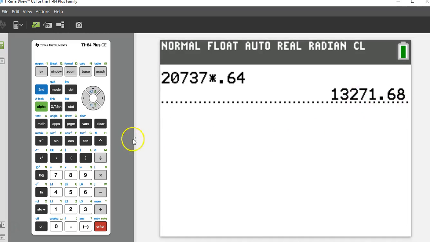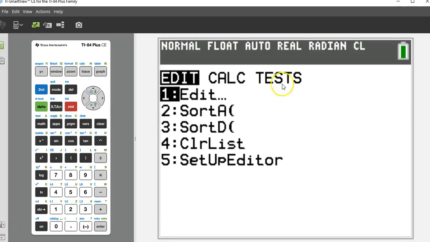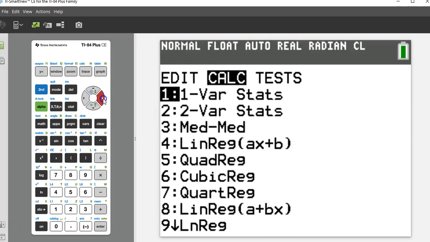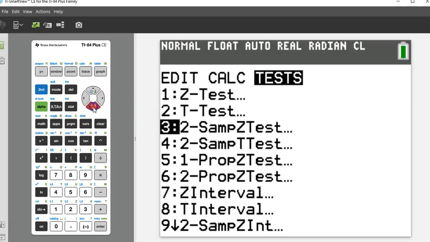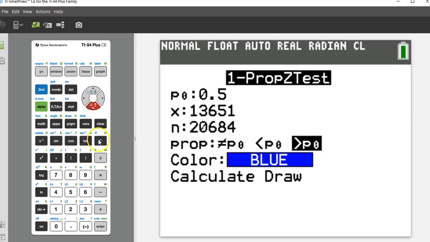So on the calculator, when I go to stat tests, and then one prop z test, enter. So there's the 0.5. For the x, it was 1752 as I was just describing.